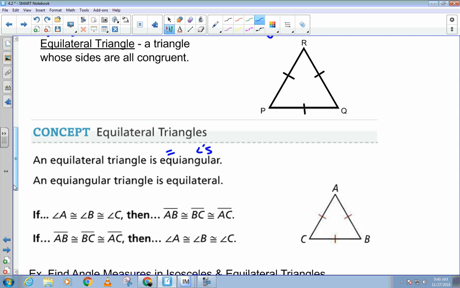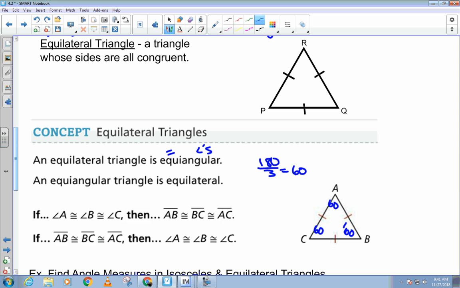So how would you figure out what each angle measures? Divide it by 3. So 180 divided by 3 is 60. So in an equilateral triangle, it is equiangular, and all the angles are 60. Always.